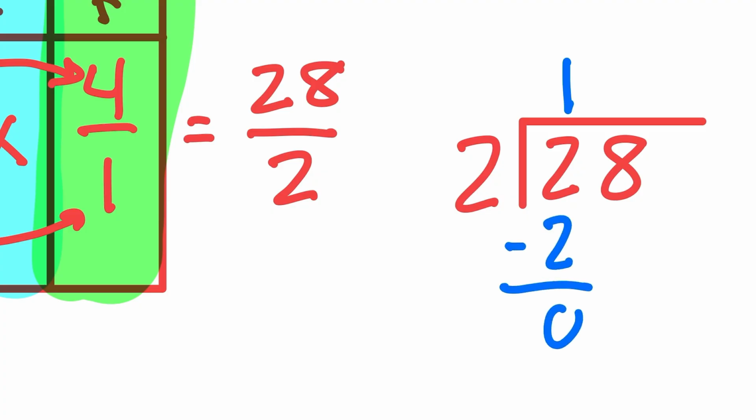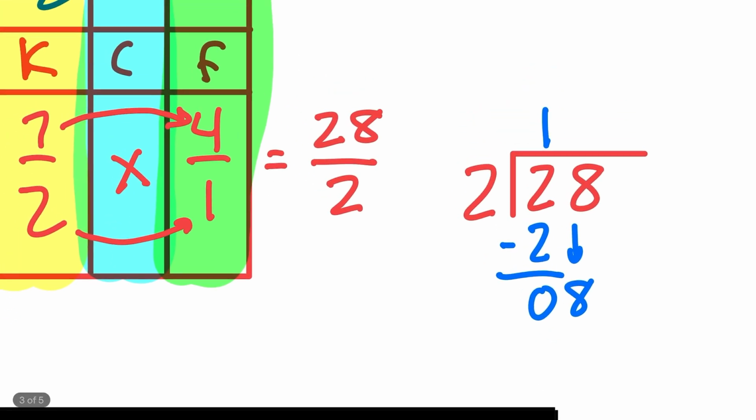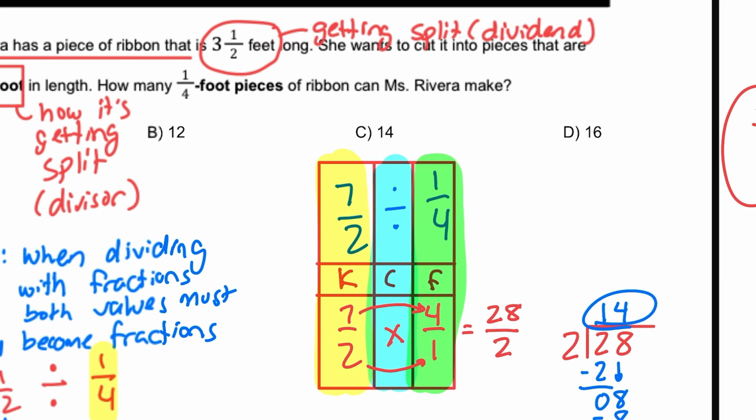I subtract, I get 0. Then we bring down the 8. And then we're going to have to divide 8 by 2. 2 can go into 8 4 whole times, so I'll put a 4 over here. 4 times 2 is 8. Subtract, I get 0. And this is our answer, which is 14.